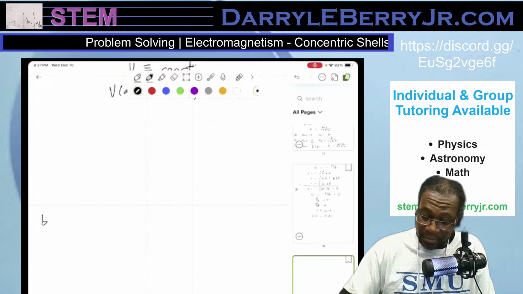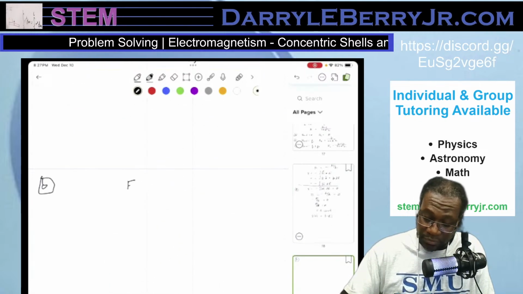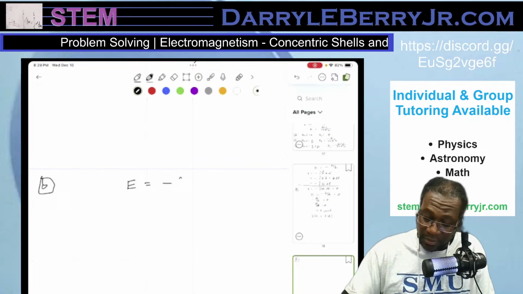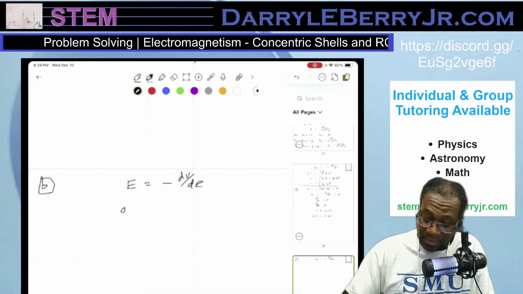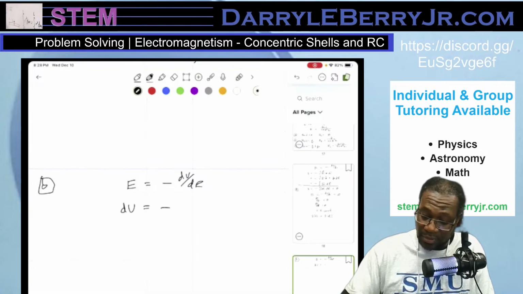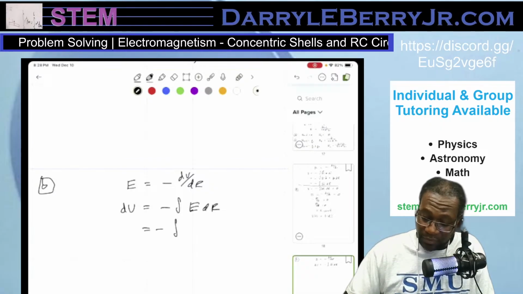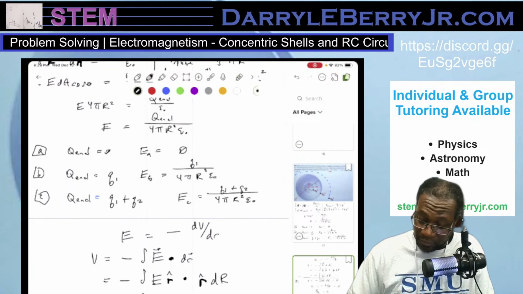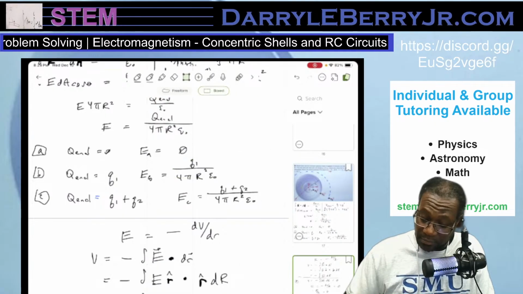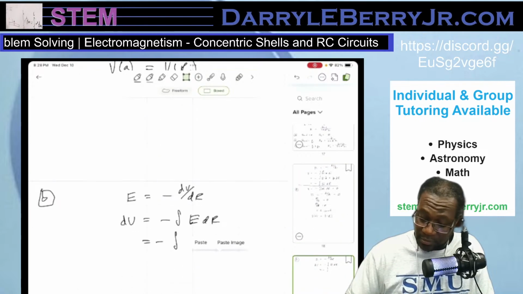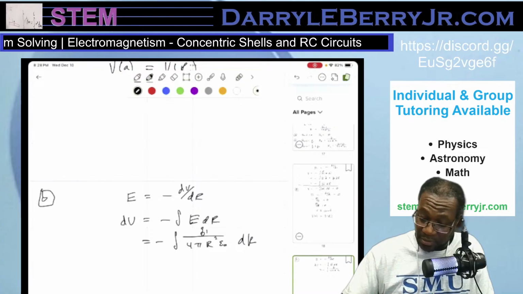So for B, we have the same thing. The electric field is negative dV over dr. So dV equals negative integral E dr, and for B, we have an equation that looks like this, with respect to r.